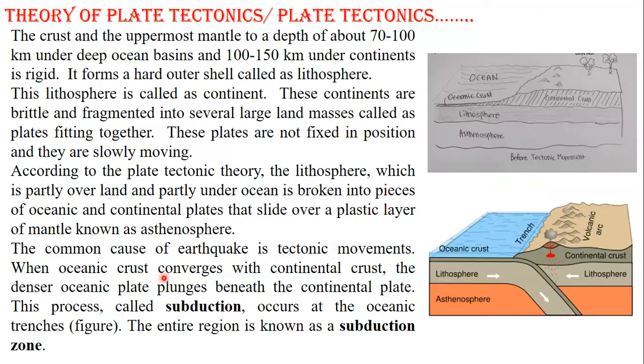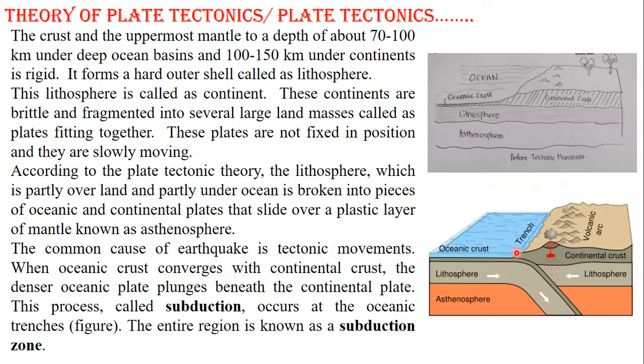When oceanic crust converges with continental crust, the denser oceanic plate plunges beneath the continental plate. So here at this interface trenches are formed and here at the boundary the oceanic crust and the continental crust are fitted together.